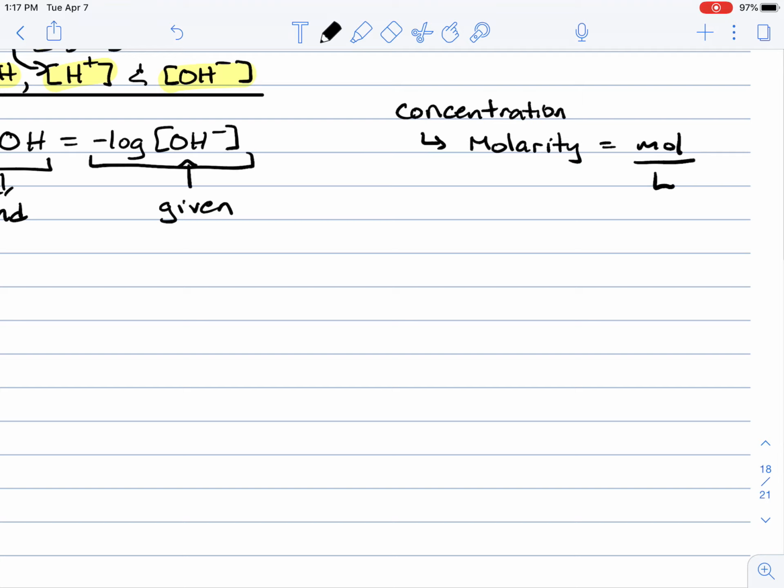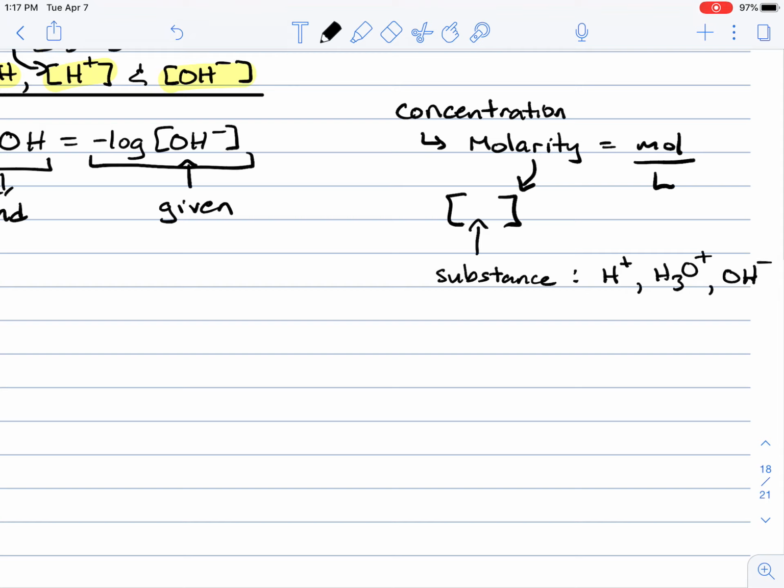Any brackets you see when we perform these calculations represent the molarity of whatever substance is inside the bracket. The substance can be hydrogen ion, a hydronium ion, or a hydroxide ion.